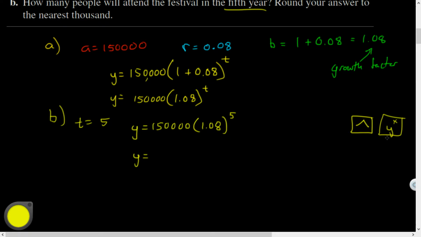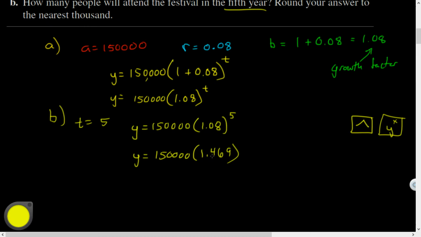So 1.08 to the 5th. I'm not going to plug this all in at once. I just wanted to figure out what this piece is equal to, and I get 1.469. Oh wait, they said round your answer to the nearest thousandth. Yeah, perfect. So I rounded to 3 places. So the 1.469 is the growth factor.